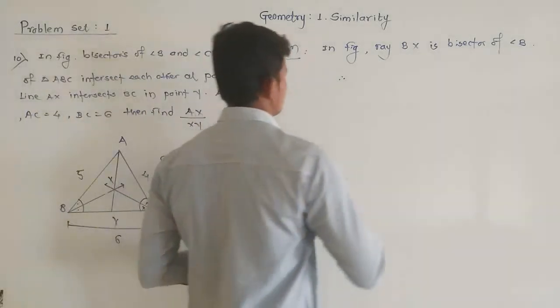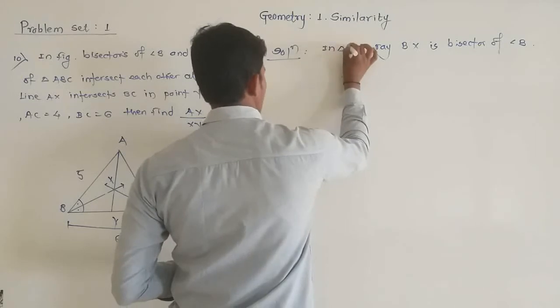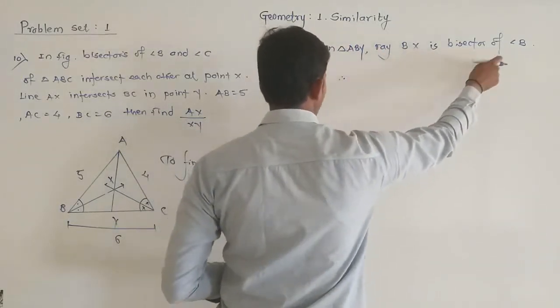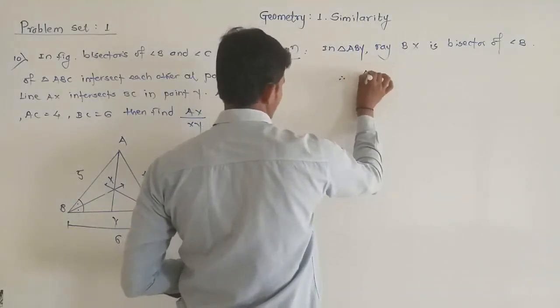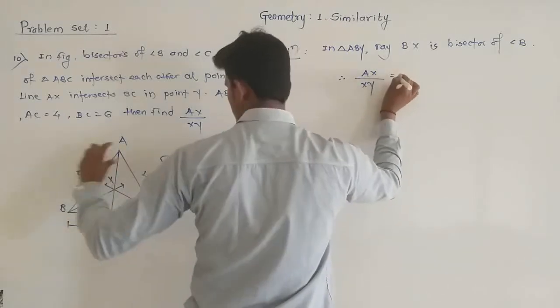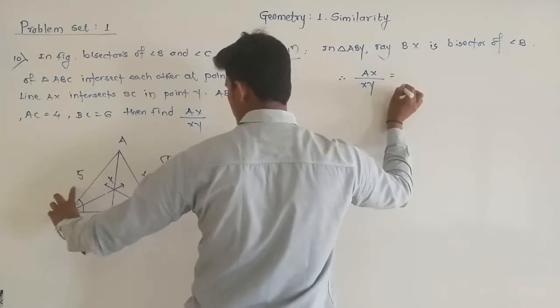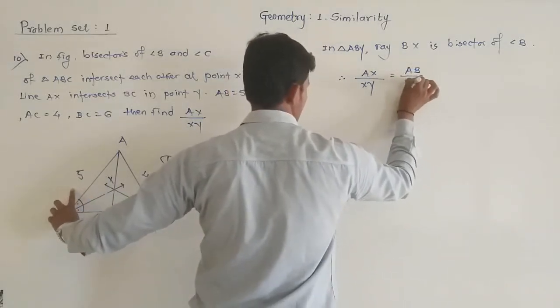So in triangle ABY, ray BX is the bisector of angle B. So by using the angle bisector theorem, we get AX upon XY is equal to the ratio of the remaining sides of the triangle. Which are the two remaining sides? AB and BY.